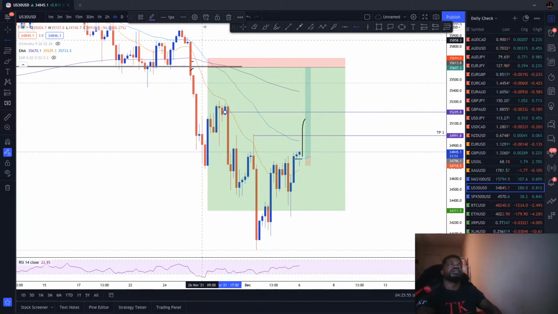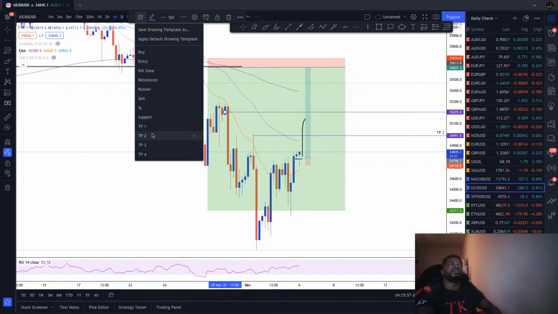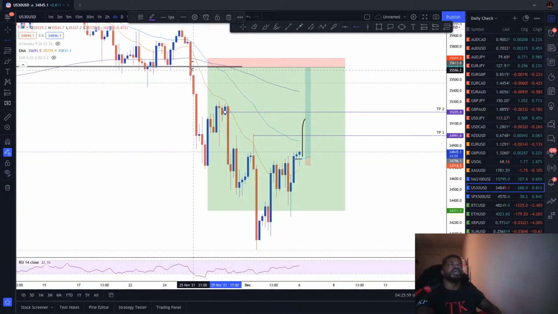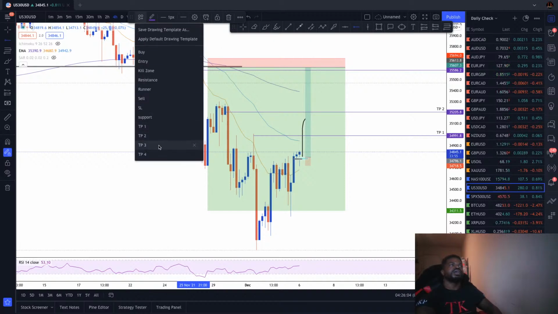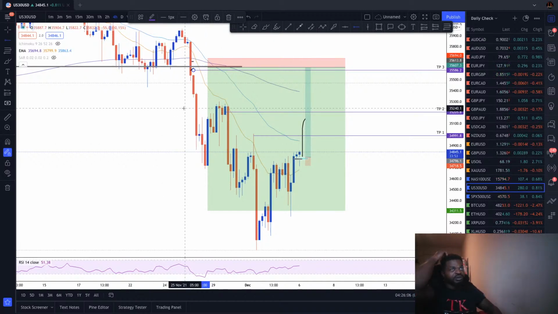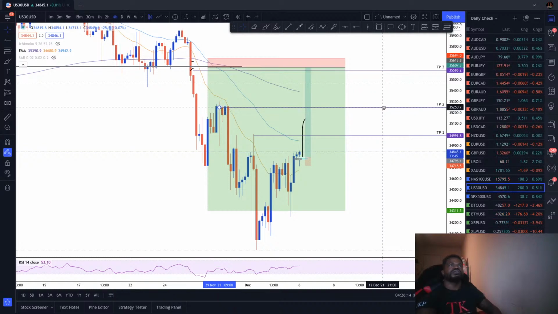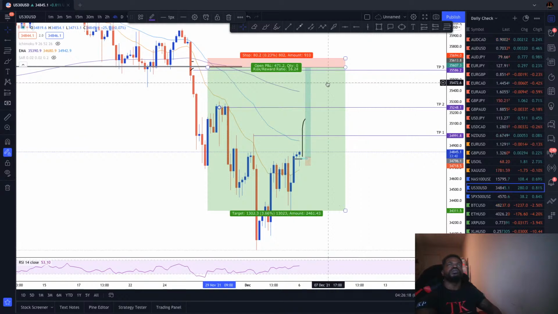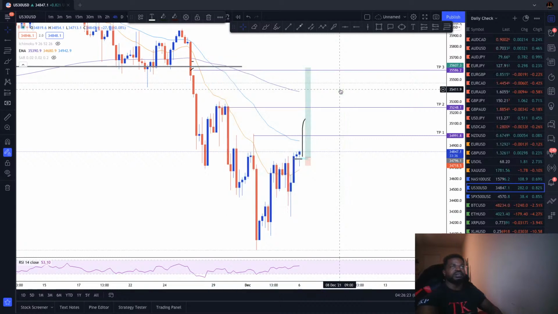This area could be a TP2, and that structure could be a TP3 if price continues to create that bull flag on a smaller time frame. All TPs will hit on that sell, so we can get rid of that, get it out of the way.